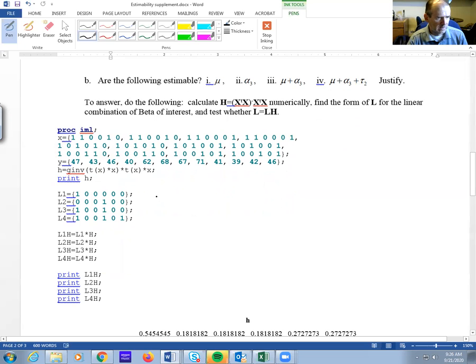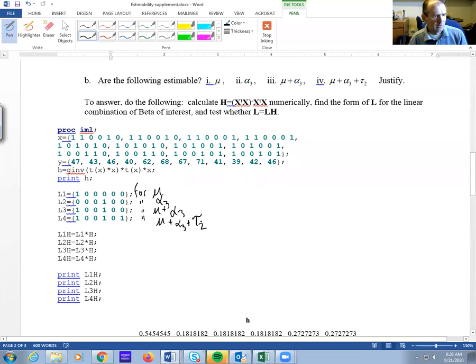The first one relates to mu. The second one relates to alpha 3. The third one relates to mu plus alpha 3, and they correspond to these. So this would be for mu and so forth. And the last one was for mu plus alpha 3 plus tau 2.